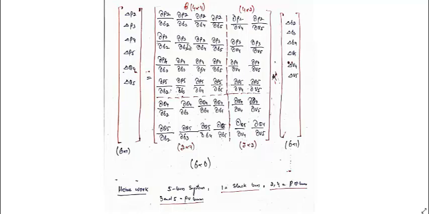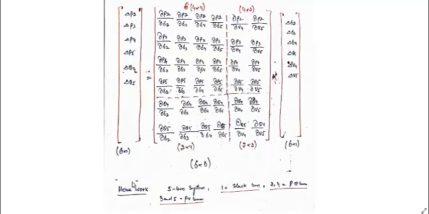This n minus 1 cross n minus 1 is the order of J11. J12 will have the order of n minus 1 cross n minus m, where m is 3, that is 5 minus 3, which is 2. Here it will be n minus m, that is 5 minus 3 is 2, cross n minus 1, that is 4. This will be n minus m into n minus m, it will be 2 cross 2.